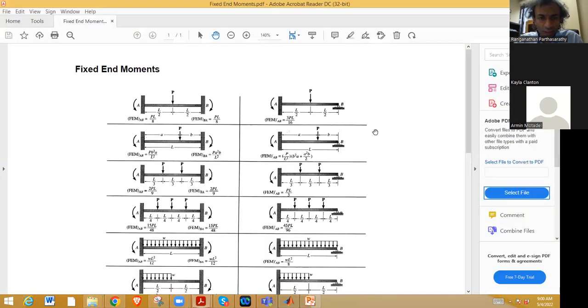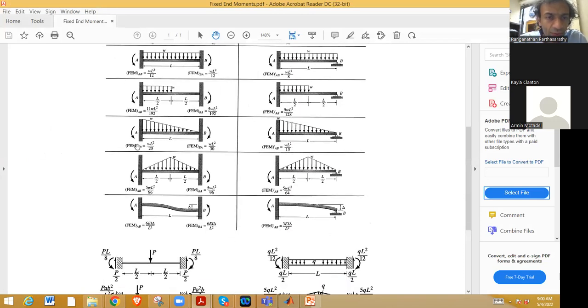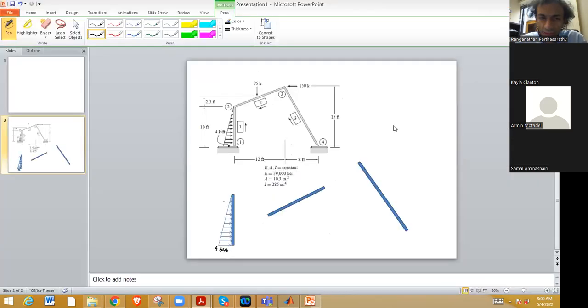And you can see it is here. So you have WL square by 20 at this end and WL square by 30 at the other end. So let's write the loads first.